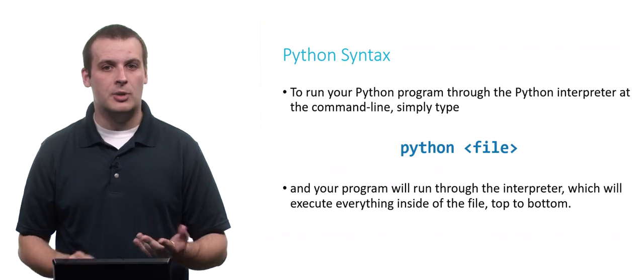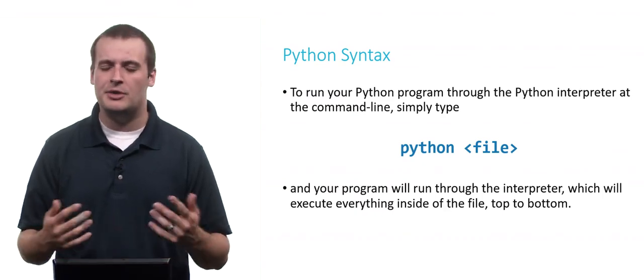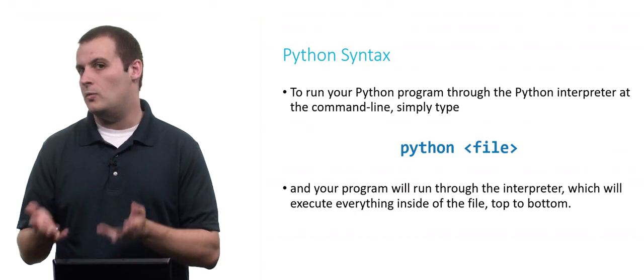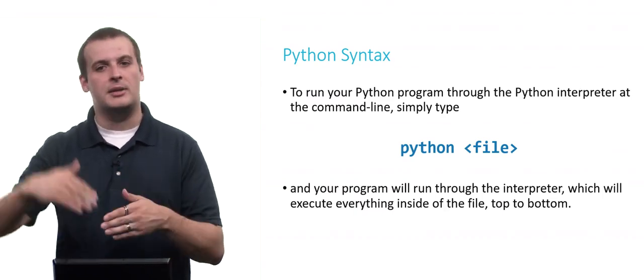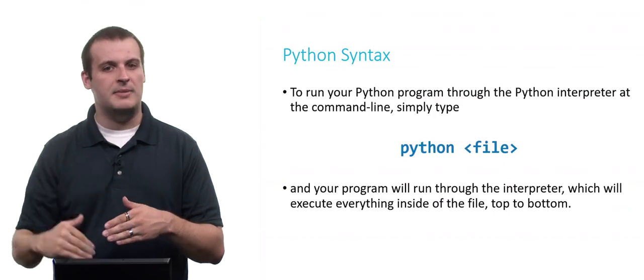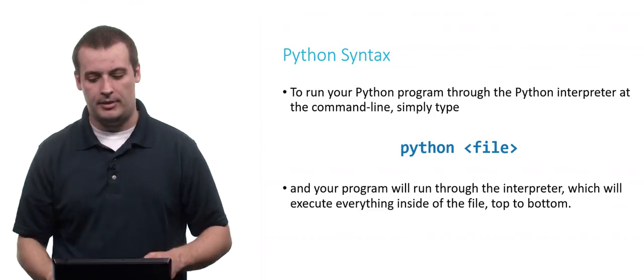To invoke the Python interpreter, particularly in CS50 IDE, but again, more generally, type python, space, whatever the file you want to invoke is, and then what will happen is the interpreter will open that file and proceed one line at a time, top to bottom, executing your Python code.